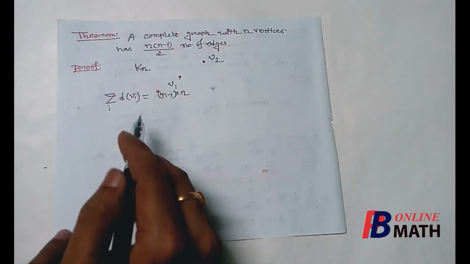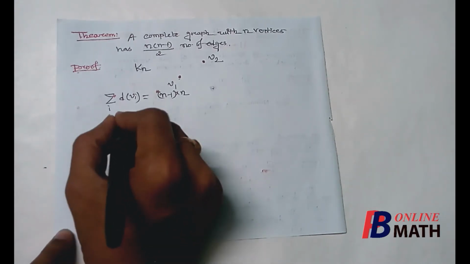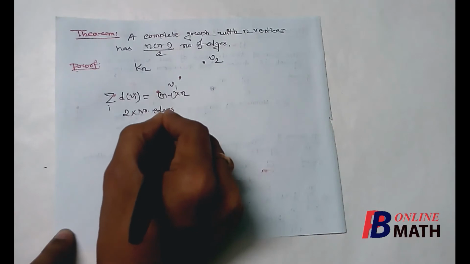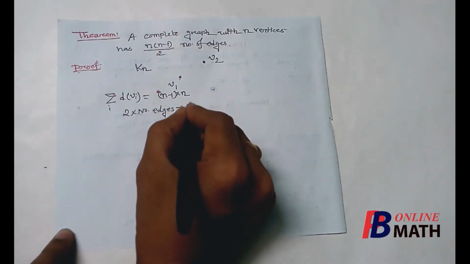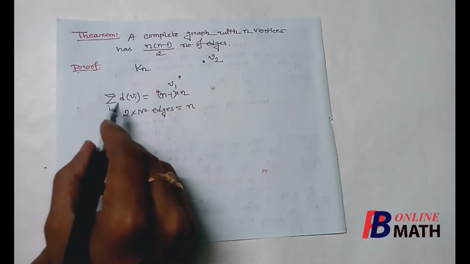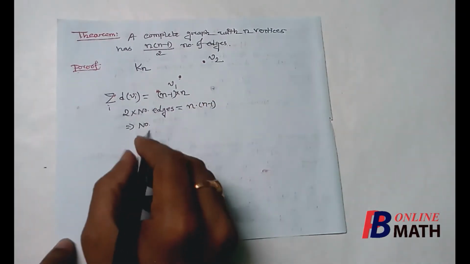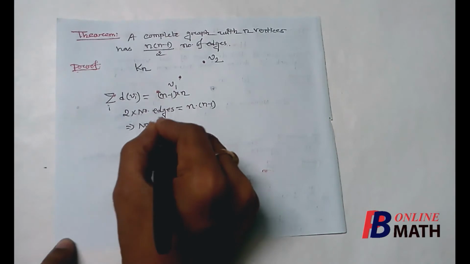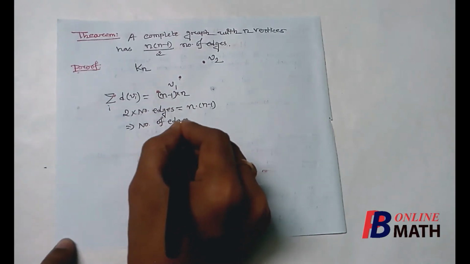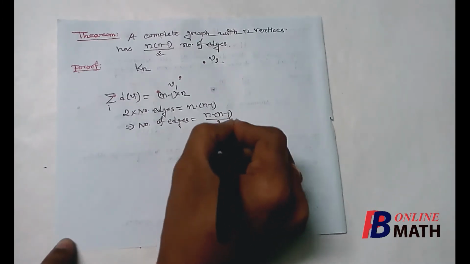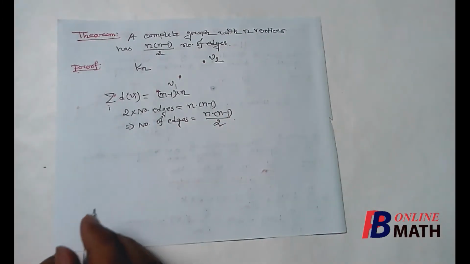And we know from the handshaking theorem that 2 times the number of edges will be equal to the sum of the degrees of the vertices, which is n into n minus 1. From here we easily find that the number of edges of this graph is equal to n into n minus 1 by 2. That completes the theorem.